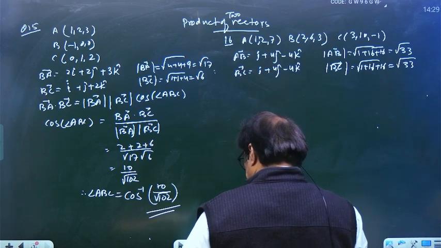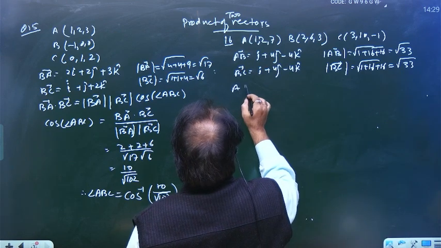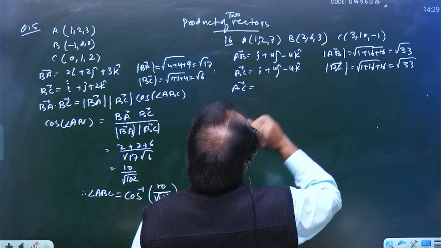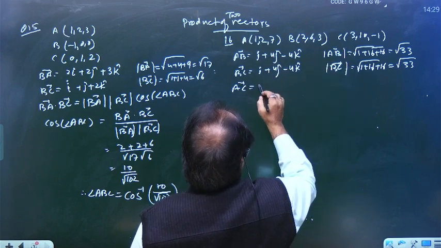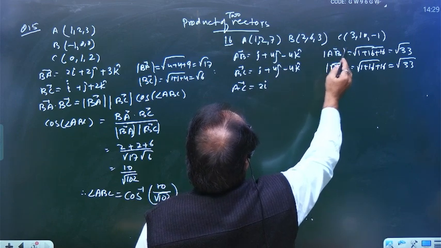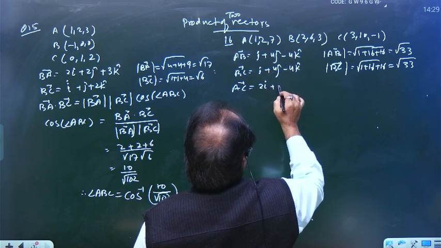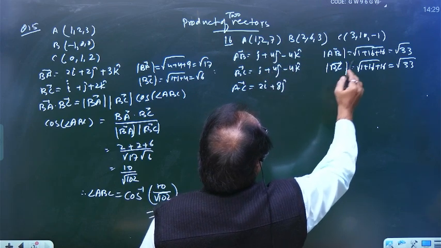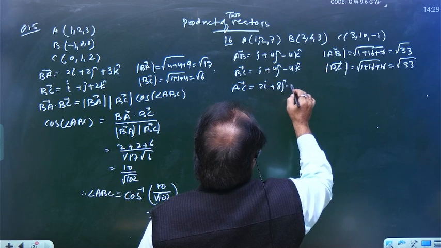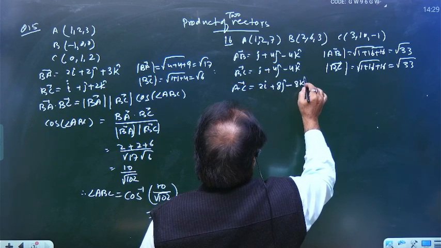And now find the vector AC. The vector AC means C minus A, so 3 minus 1, 2 i cap, and 10 minus 2, that is 8 j cap, and -1 minus 7, that is minus 8 k cap.